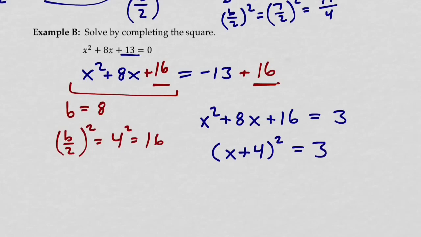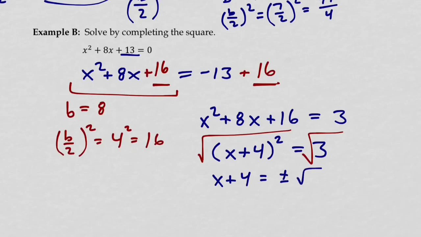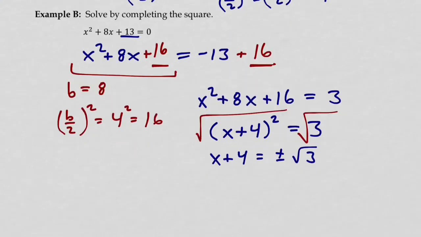I can apply the square root property because I now have a perfect square on the left-hand side, and that gives me x plus 4 equals plus or minus the square root of 3. To finish our solution, we simply need to subtract 4 from both sides. So the values for x that make the equation true are negative 4 plus the square root of 3 and negative 4 minus the square root of 3.